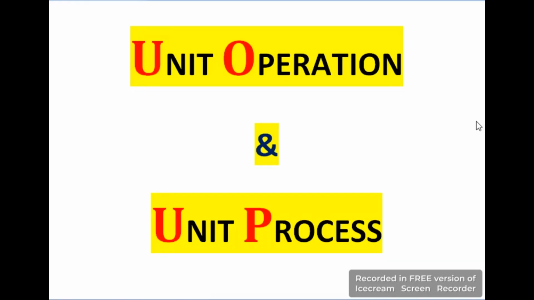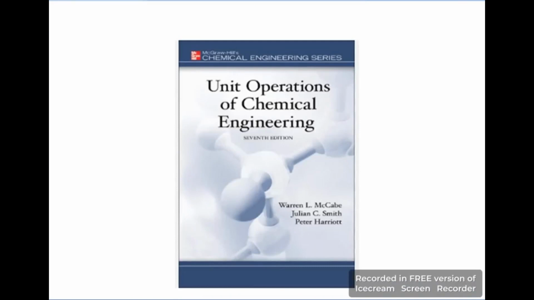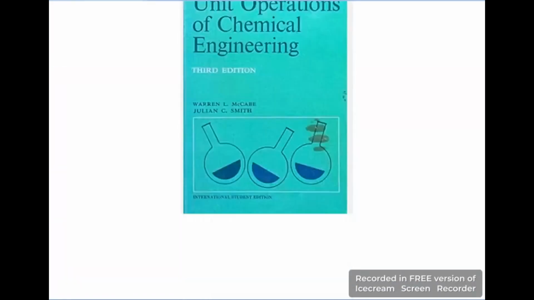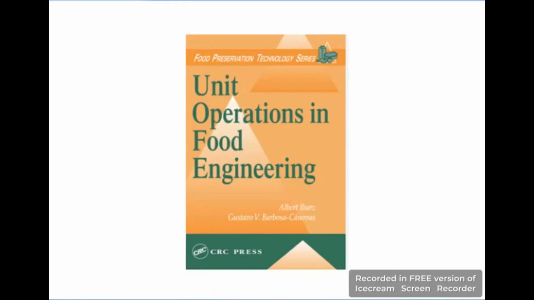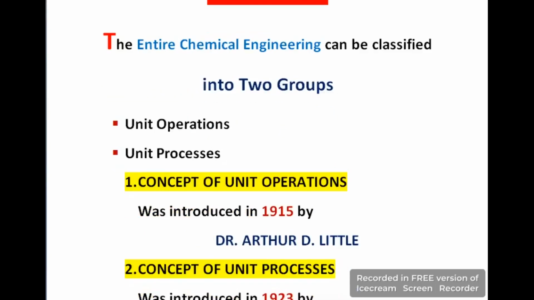If you are a chemical engineer, you must know that unit operation is the title of books. Here, as you can see, some books have the title unit operations. The entire chemical engineering is separated into two groups, unit operation and unit process.